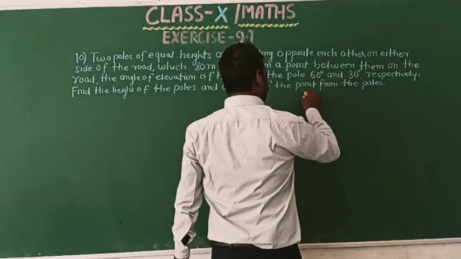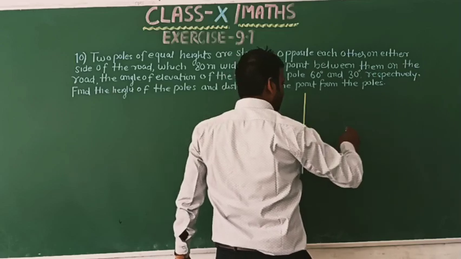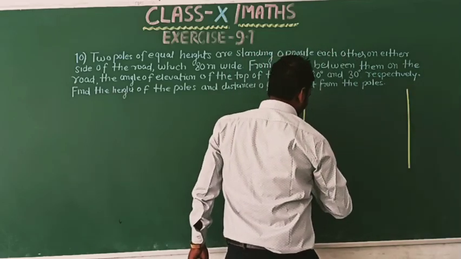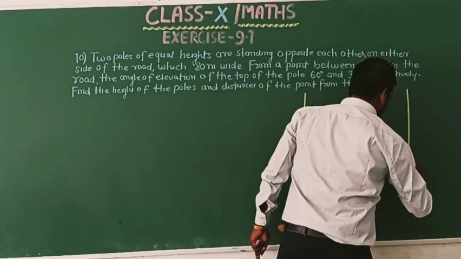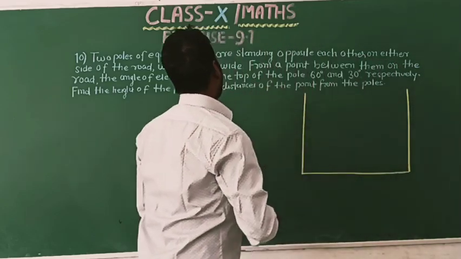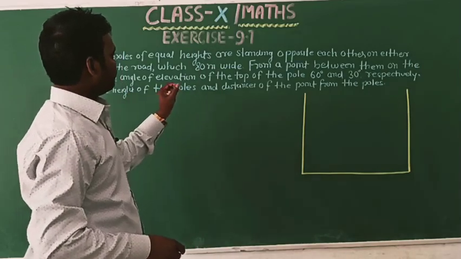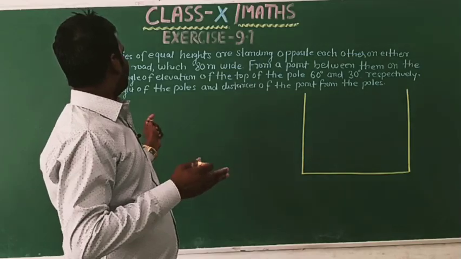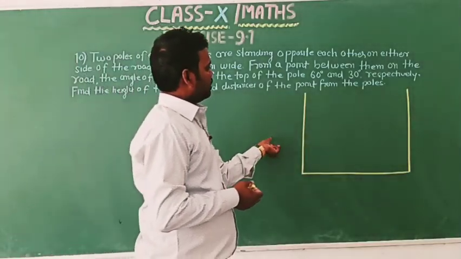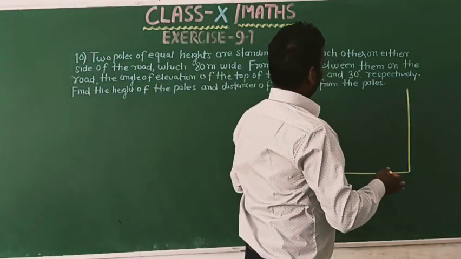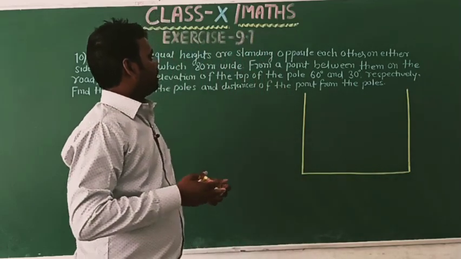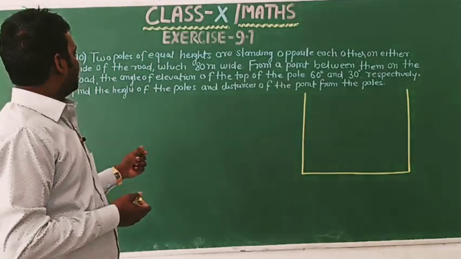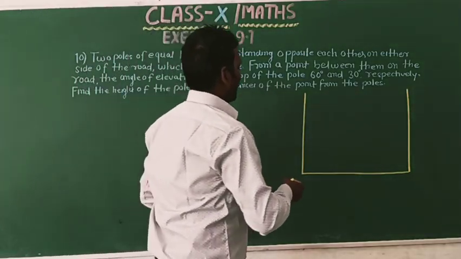Here are two poles, two poles of equal height, standing opposite to each other, either side of the road, which is 80 meter wide.